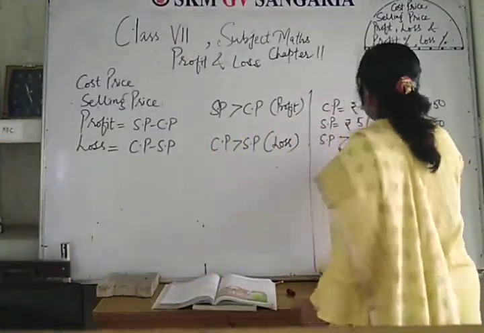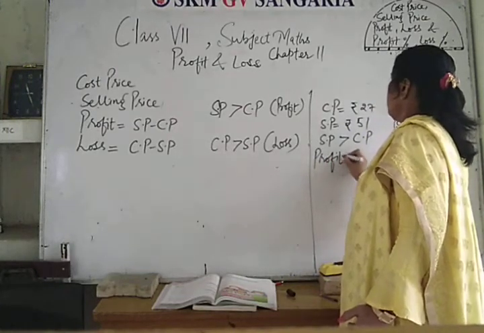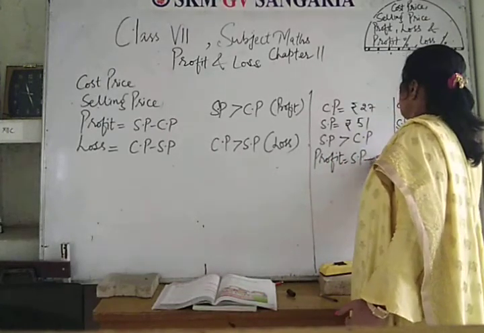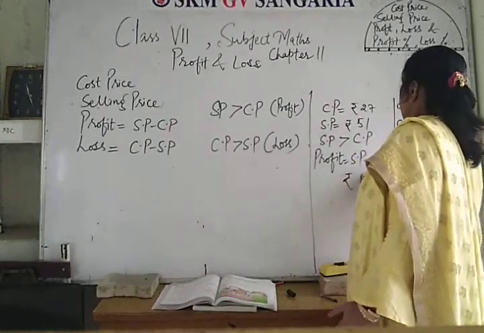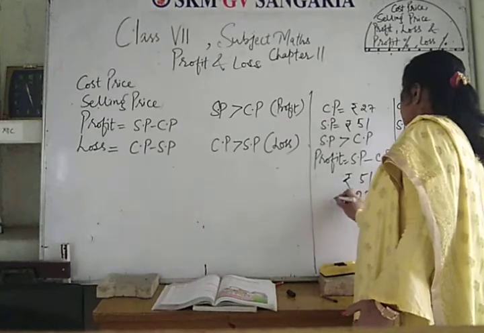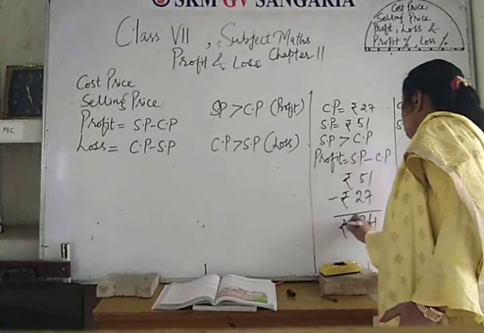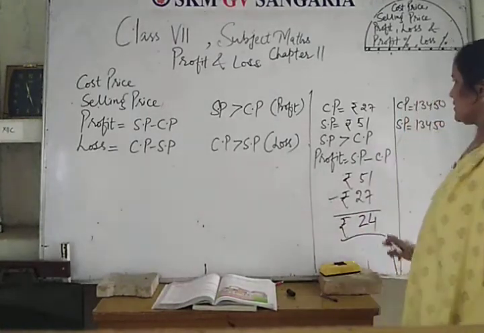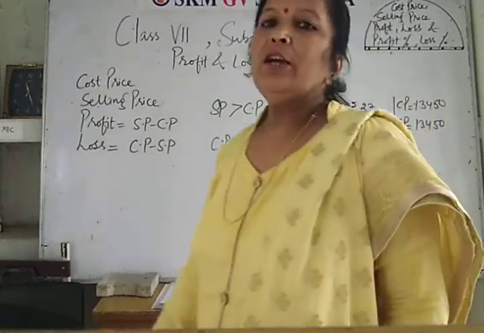So profit will be equal to selling price minus cost price. Selling price is rupees 51, cost price is rupees 27. So subtract, and there is a profit of rupees 24.